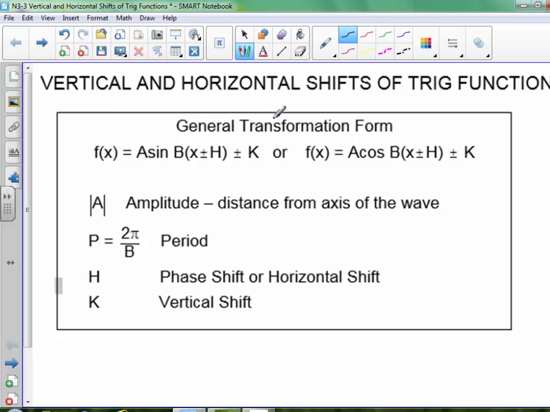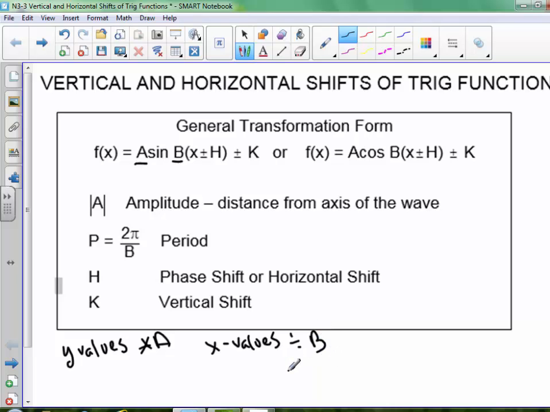Right, so today we're going to talk about vertical and horizontal shifts of trig functions. Yesterday's lesson, we just looked at stretching and shrinking, and that's where the A and the B came in. If you'll recall, our Y values were changed by A by multiplication, and our X values were changed by B by division.